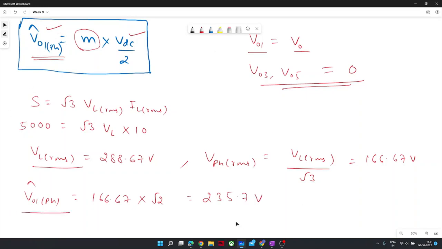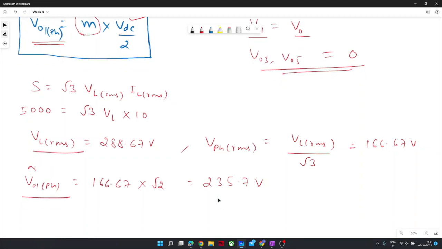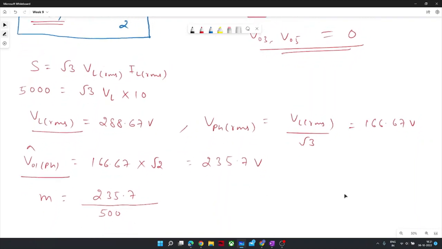Now we just need to put it here and we will get the answer. So M will be 235.7 divided by VDC by 2. Since VDC was 1000, VDC by 2 is 500.